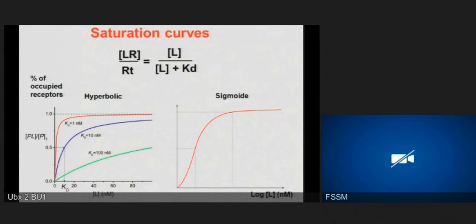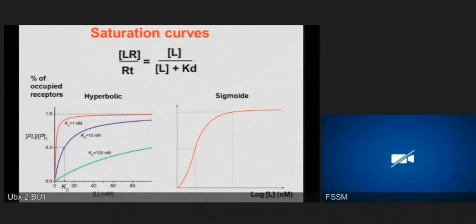The sigmoid curve is exactly the same thing as the hyperbolic curve, except that instead of expressing the concentration of L in molarity, you express the concentration of L in log of molarity.